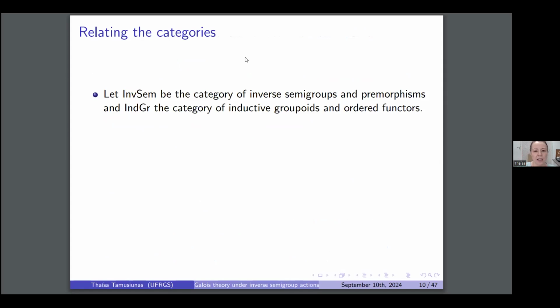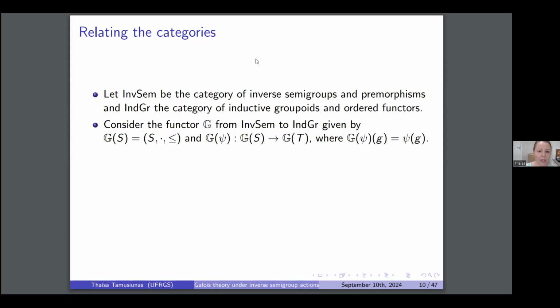So, relating the categories of inverse semigroups and inductive groupoids. This is the notation that I will use for the category of inverse semigroups and premorphisms, and this is the notation for the category of inductive groupoids and ordered functors.